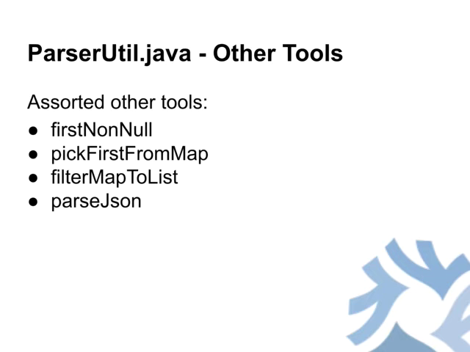Filter map to list is similar in that you pass it a map, and that is a string key object value store, and it will, instead of giving you the first result, it will give you all of the possible results. Please check those out for more information.